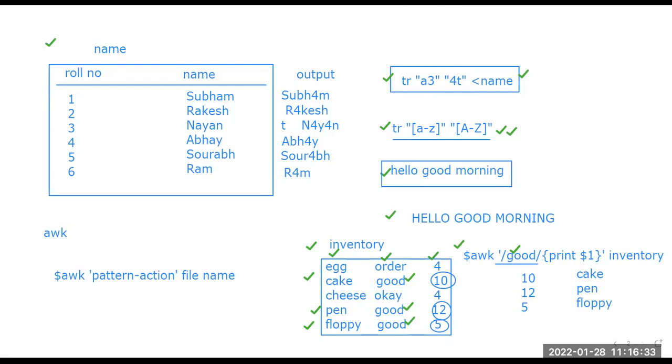Suppose we have a file named ABC. In this particular file, something is written: hello, I am, and then some other things.